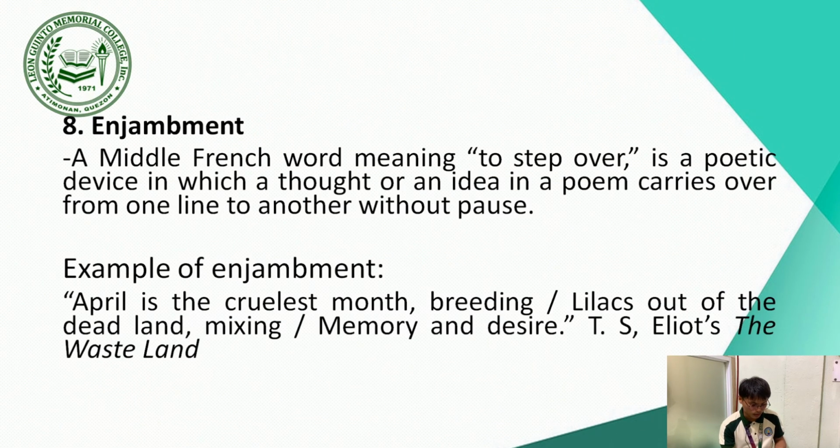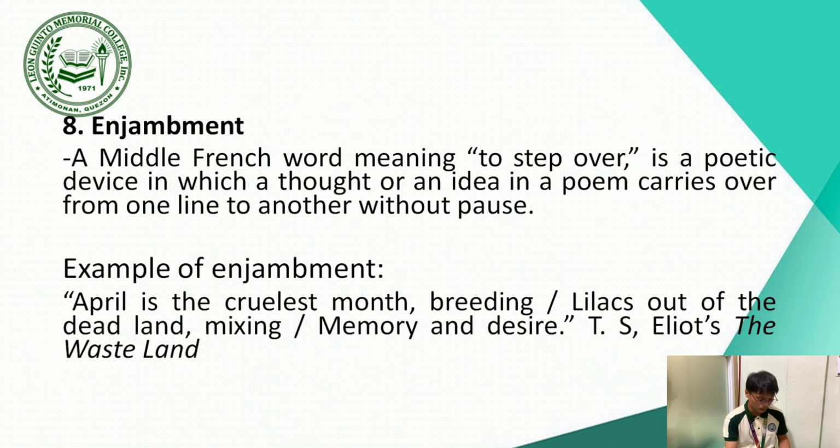Okay, let's move on. The next one is number 8, enjambment. Enjambment comes from a Middle French word meaning to step over. It is a poetic device in which a thought or an idea in a poem carries over from one line to another without pause.